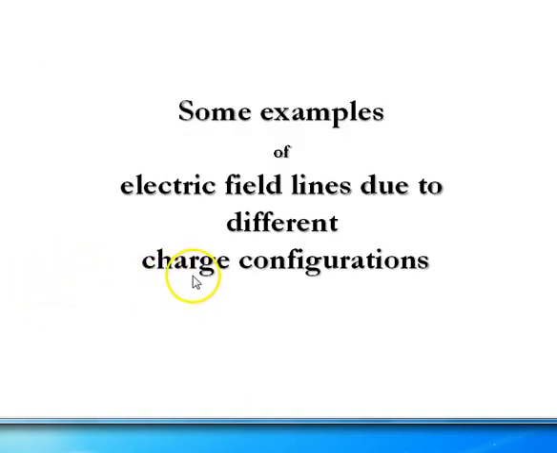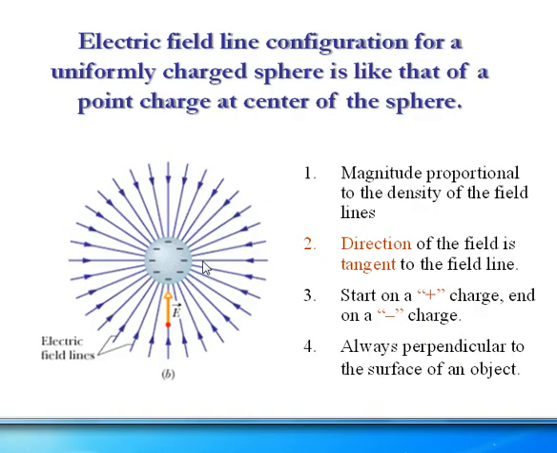So let's look at some more examples of electric field lines due to different charge configurations. We will review the rules for diagramming electric field lines or reading an electric field line diagram. The magnitude of the electric field is proportional to the density of the field lines.